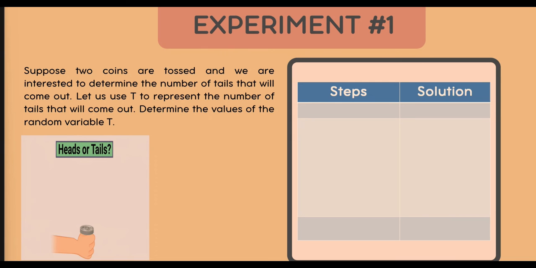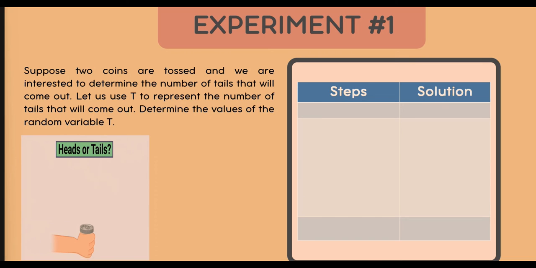Now consider another experiment involving tossing two coins. We are interested to determine the number of tails that will come out. Can you determine exactly, with certainty, how many tails will come out if we toss two coins? Or does this experiment yield only a single possible result?